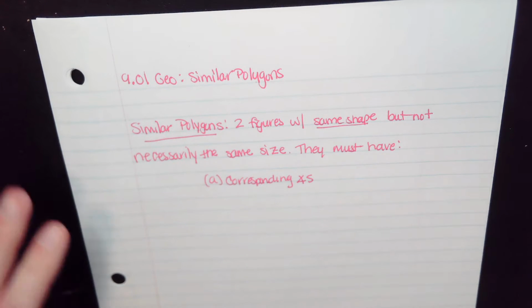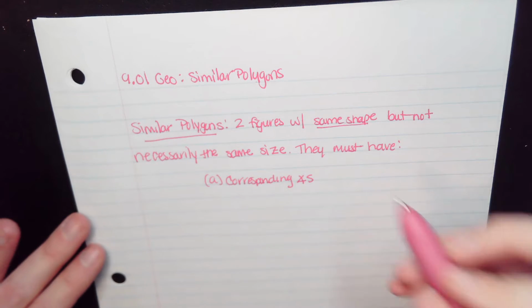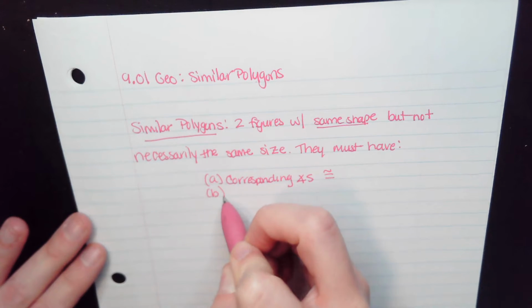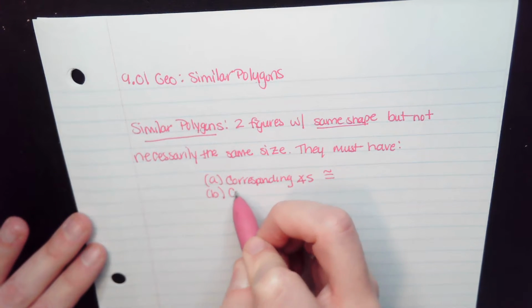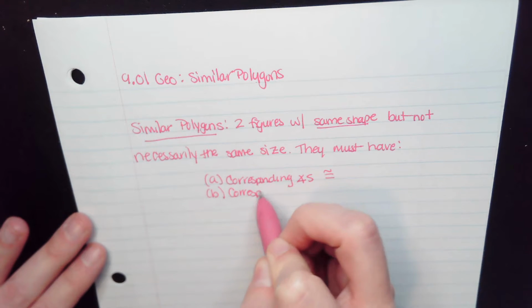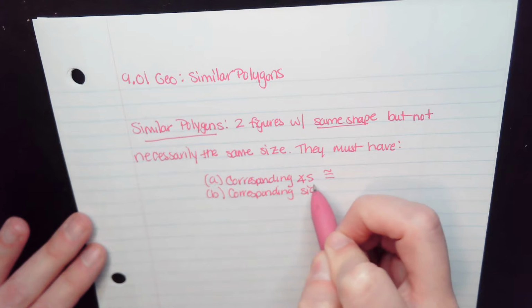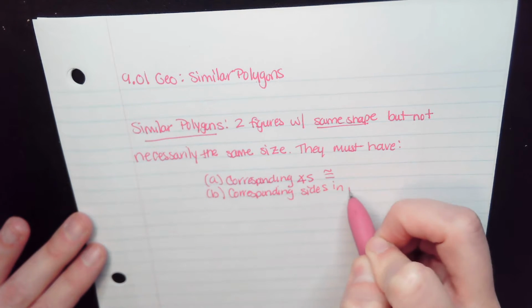So we've got corresponding angles and they have to be congruent to each other. All the corresponding angles have to. And then also all of your corresponding sides have to be in proportion to each other.